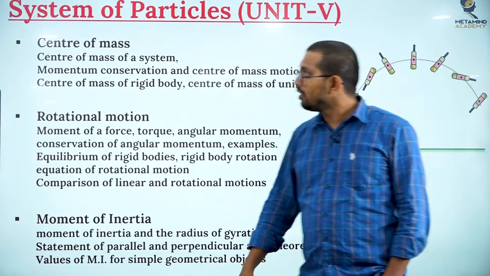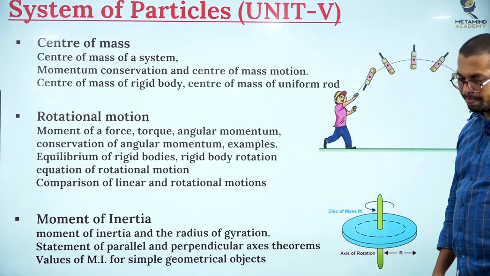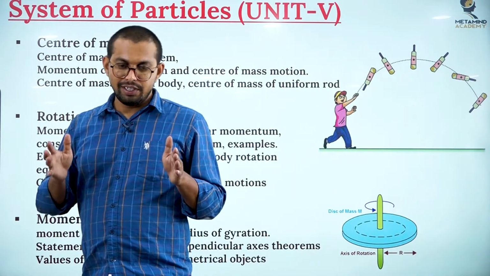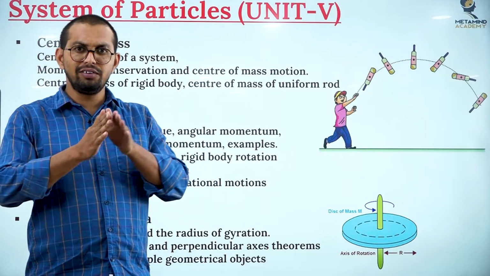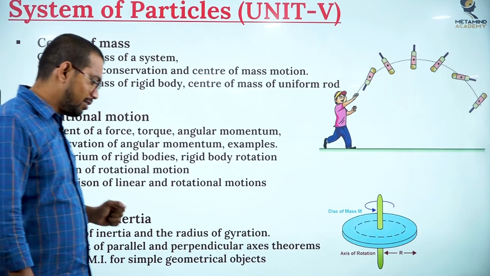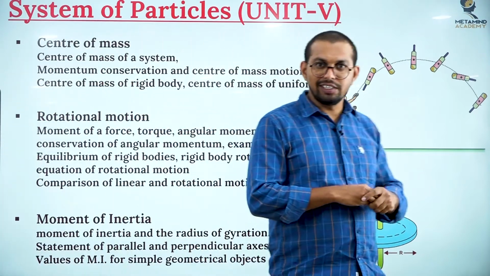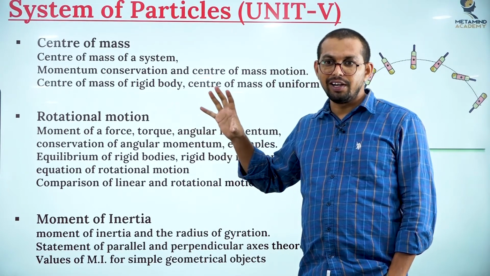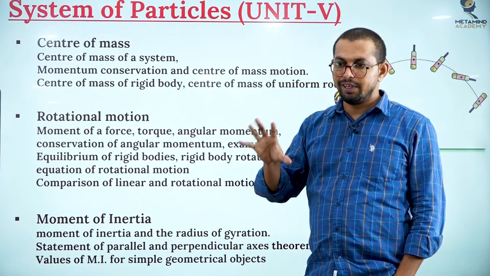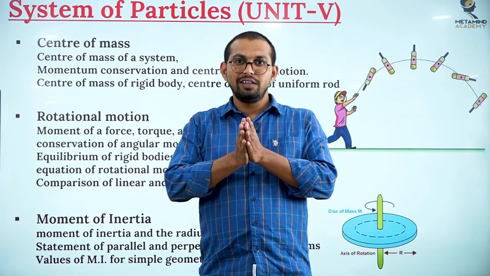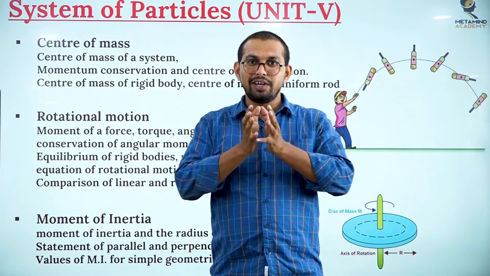Now coming to the other wing, system of particles. We have done the complete motion of a moving object or particle. Now for a system having many particles, not a single one, we could try to understand each and every particle separately, but the concept of center of mass makes you understand the whole system as a one-particle system.